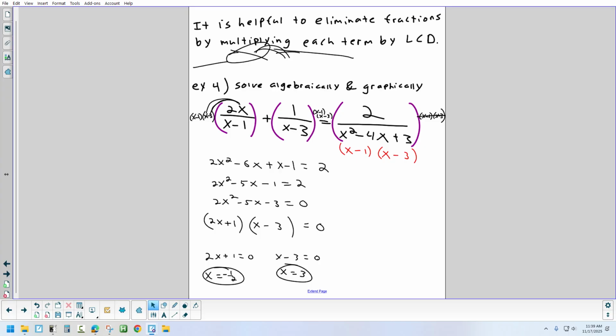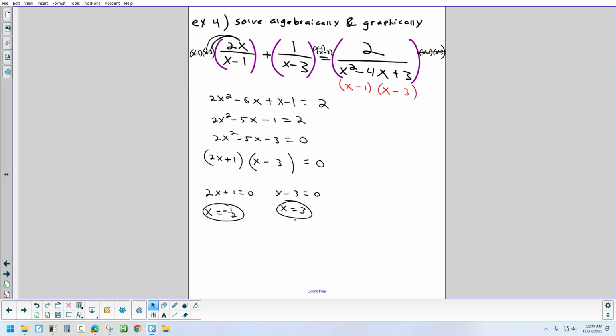So yeah, if you plug 3 back in, you get 0 in which fraction? The second and the third. Both of these would come out to 0 if you plug in 3. So what does that mean about the 3? That's not a solution. What do we call that one? Extraneous.